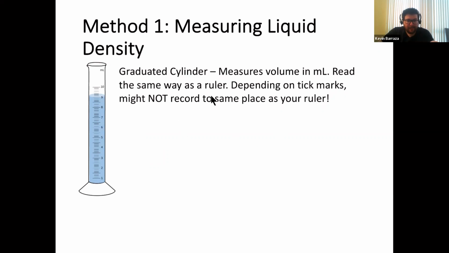It's read the same way as a ruler, meaning we do have to be careful about how many decimal places to go. Depending on the tick marks, it might not be the same decimal places as your ruler. Remember, we should practice each time going through the scenario: we ask ourselves, how much does each tick mark count?